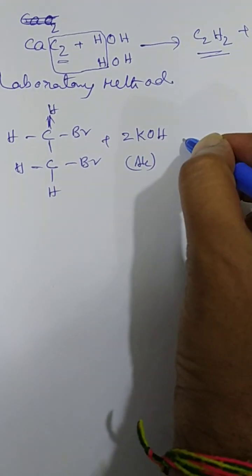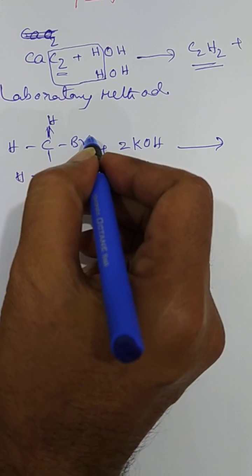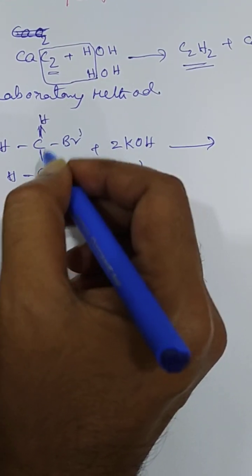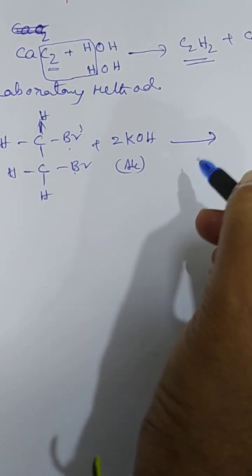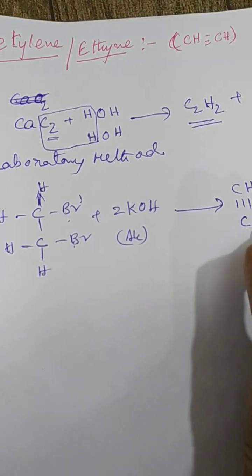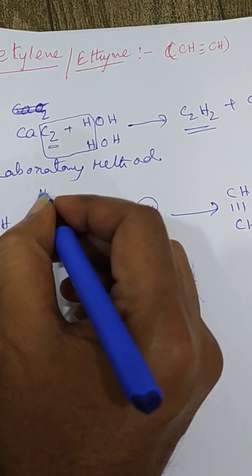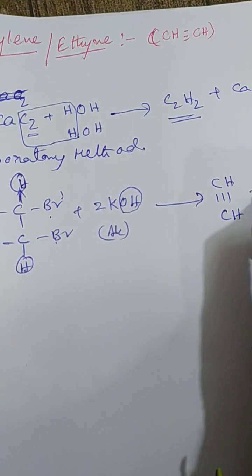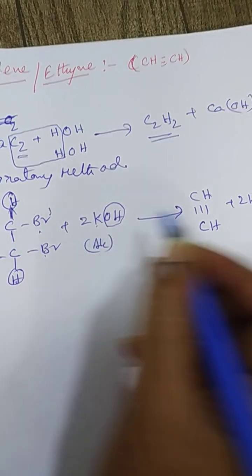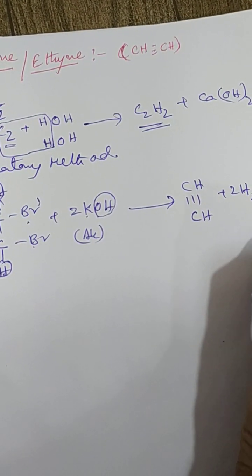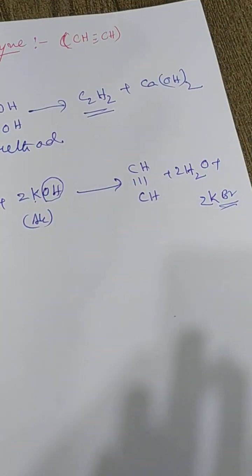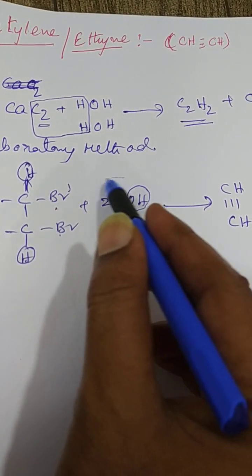The HBr, one hydrogen and one bromine, gets removed from the compound, giving CH triple bond CH, and the OH group with one hydrogen goes to H2O, plus the bromine and potassium form KBr. 2 KBr will form.